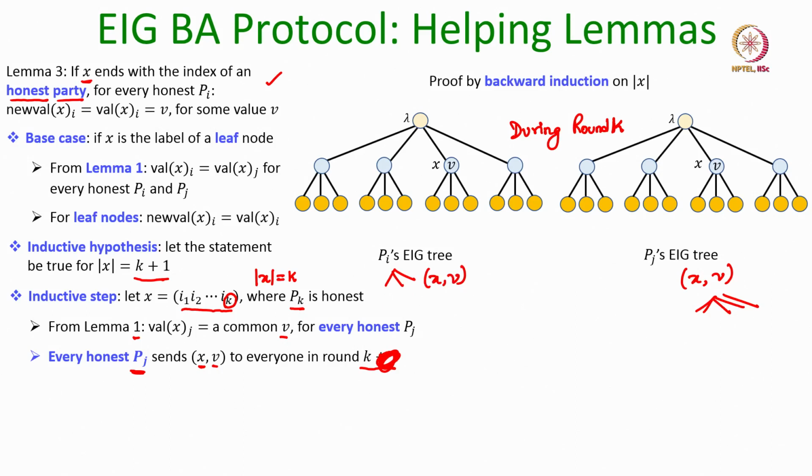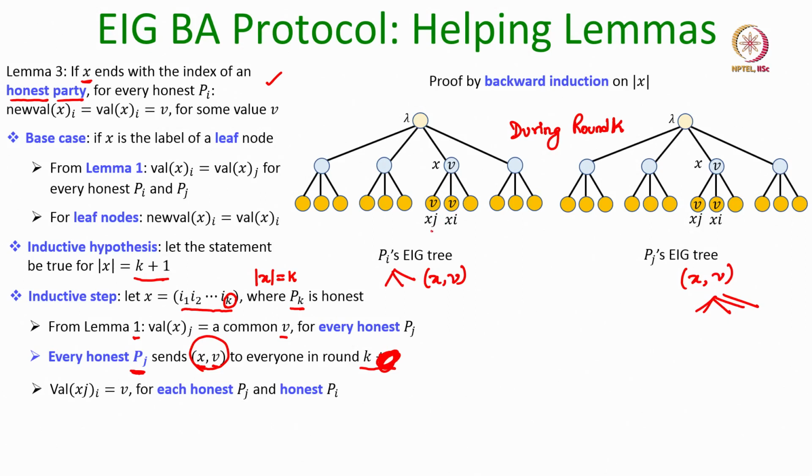Of course, the corrupt parties might send that, okay, in their respective copies of the EIG tree, x has the value v prime, where v prime is the complement of v. Corrupt parties can behave arbitrarily, but okay. So, before proceeding further, what we are going to see here is that because every honest party Pj sends this message x v identically to everyone, if we focus on the children of the node labeled x, there will be children which will have labels of the form x followed by the index of an honest party.